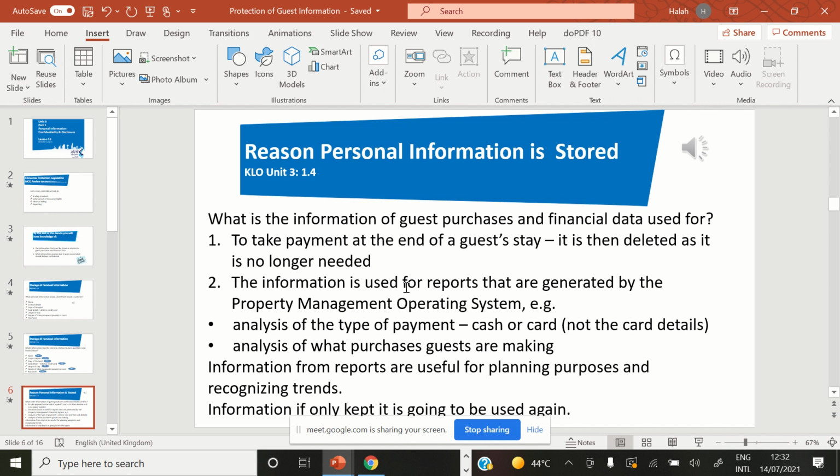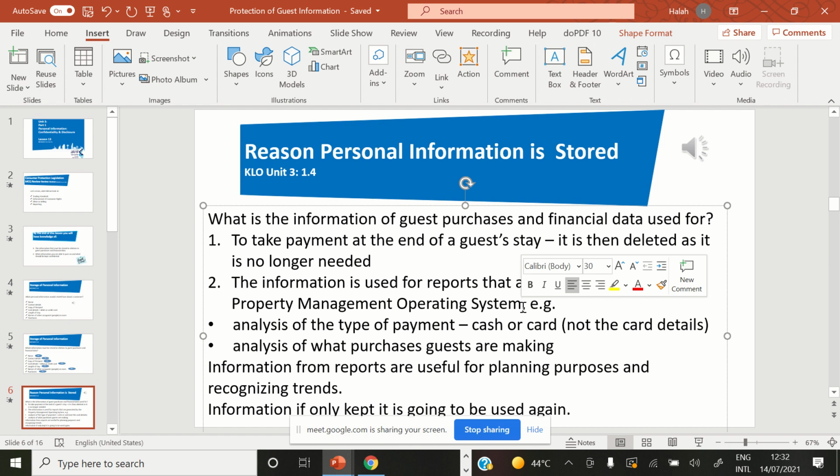Also, some of this information is used to create reports by the property management operating system, like creating the bill for the customer, and the analysis of the type of payment. Most customers pay by cash or by card, but not the card details are kept.